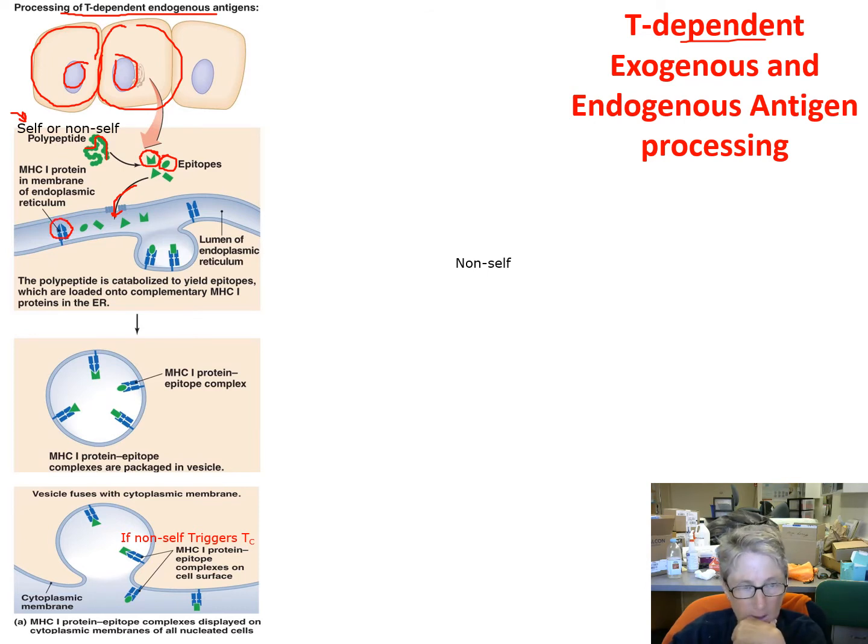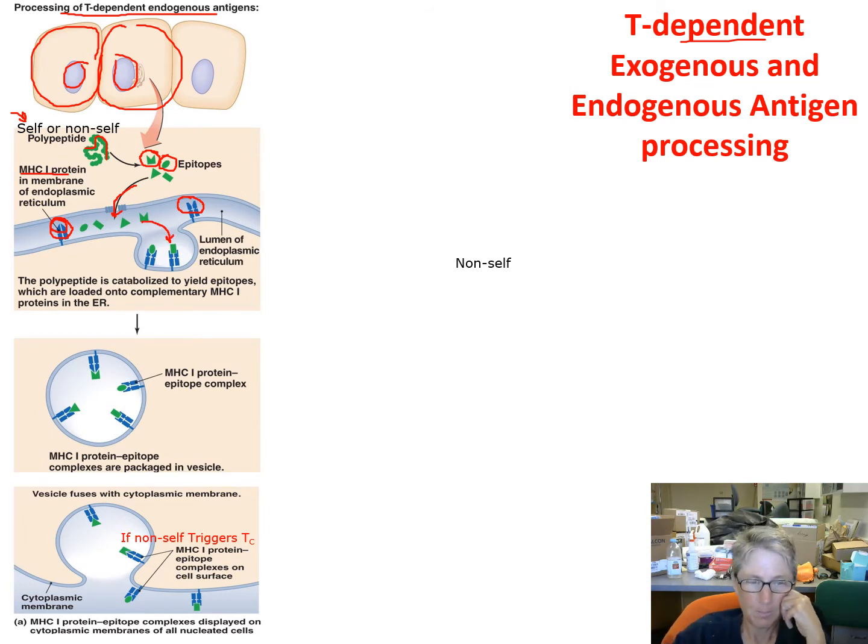If you look at the tip, it's got a different shape than this MHC1 protein, and so that means they can bind to different epitopes or antigens. The MHC1 protein is in the membrane of the ER, and in the membrane of the ER you can load your epitopes onto these MHC1 proteins.